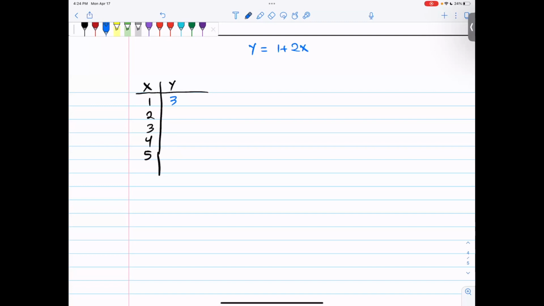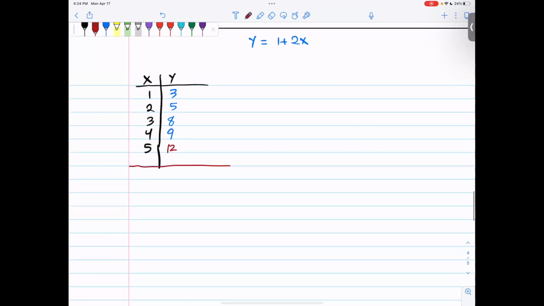So it will be 3, and then 5, and then 7, and then 9, and then 11, okay? So now this is still a perfect relationship, but let's change one of them. Let's do this equal, for example, 8, and let's do this one equal to maybe 12. So now the relationship is not perfect anymore, right?